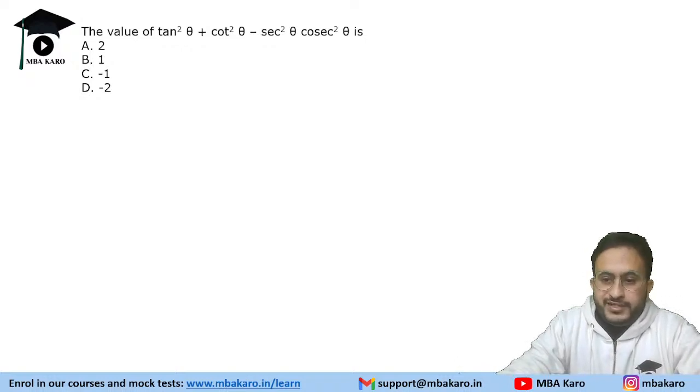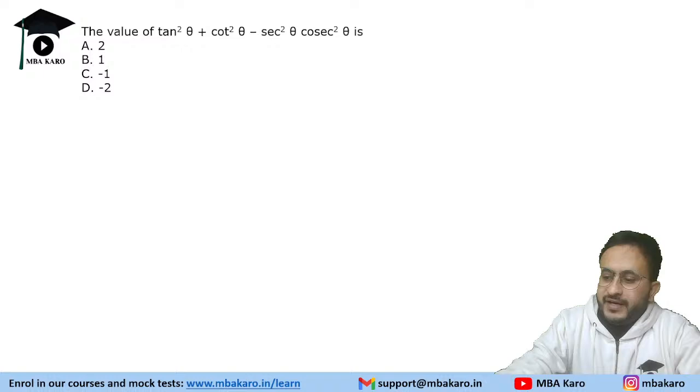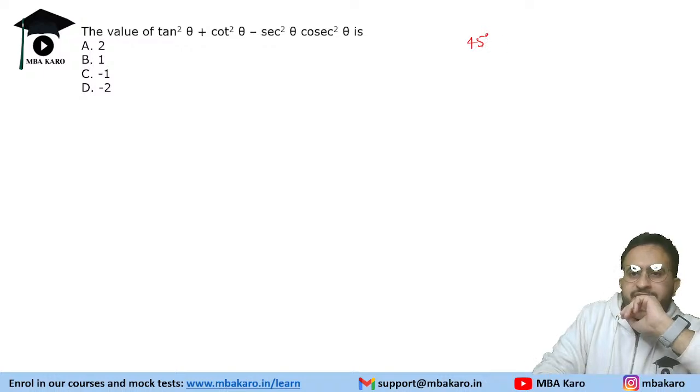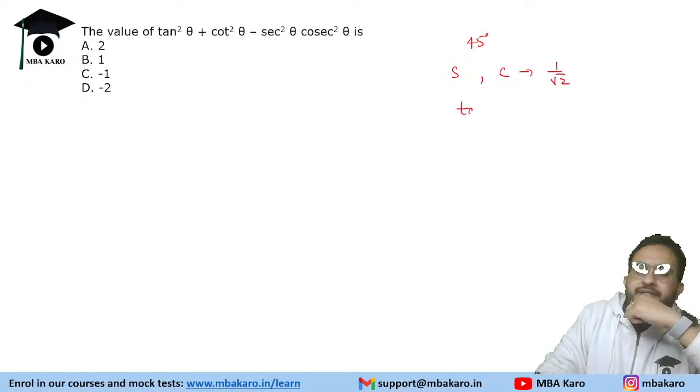Now, how to do this is basically that you can use values. Okay, so try to put values and see. I would recommend remembering the values for 45, because 45 is easy. Sine and cos are 1 by root 2, and tan is 1, right? And the reverse of this will be root 2.